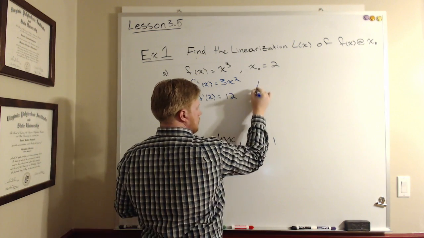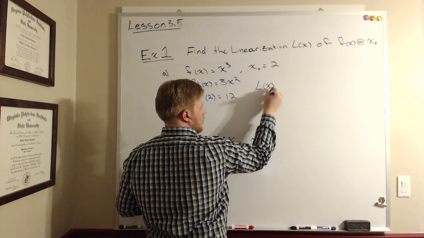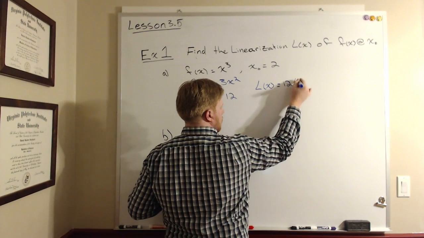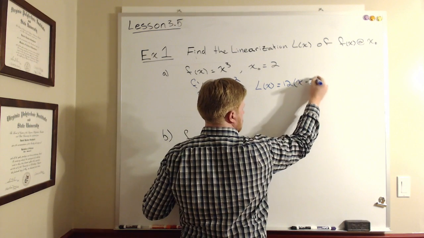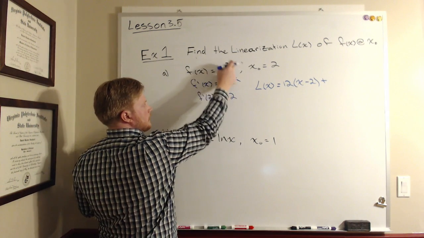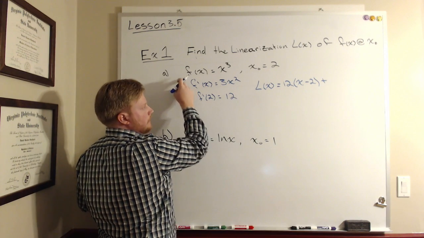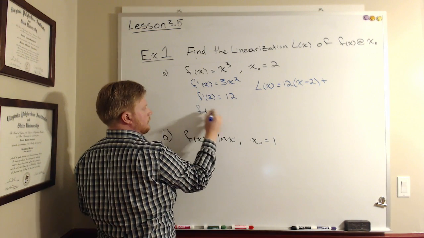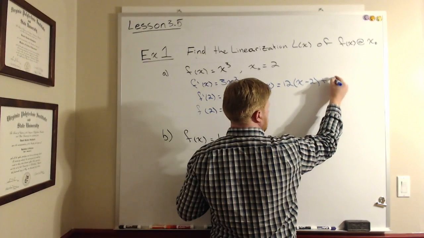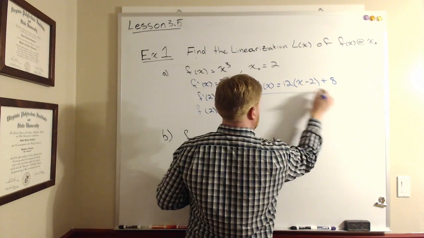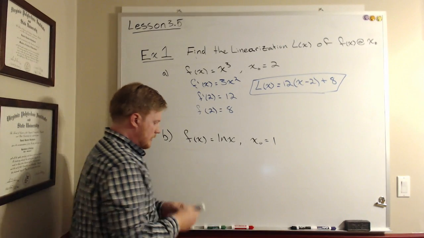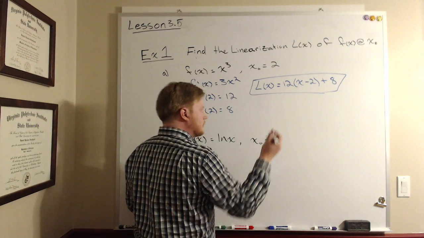So the linearization is 12 times x minus 2 plus the value of y at this point. So I also need to find f of 2, which in this case is 8. And that's it.